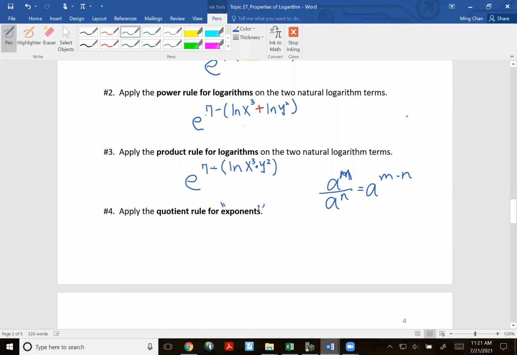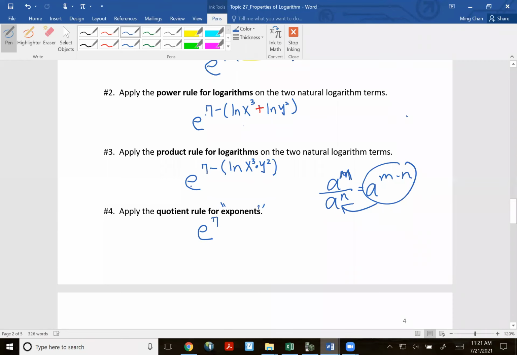Right now, what we are having is two exponents being subtracted. 7 and this natural log of x to the third y squared is being subtracted. So we need to go from this part back to this part. So the 7 went first. So that means the 7 is actually going to be on the numerator.